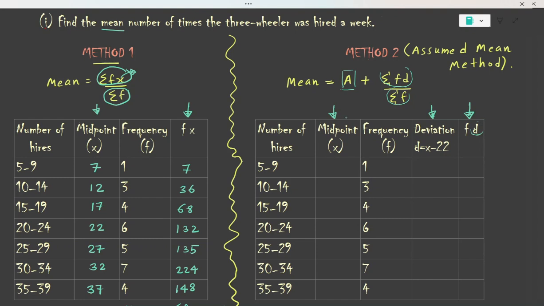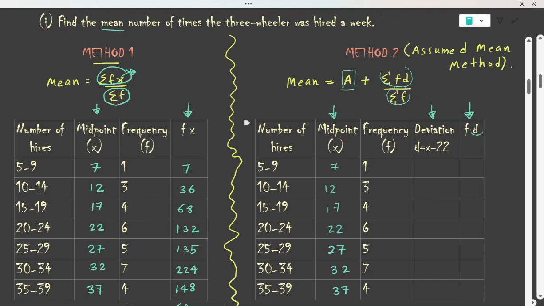Okay, let's complete the table. In this method, we have to choose an assumed mean out of the midpoints. So here we have 7, 12, 17 and up to 37. I would choose 22 as the assumed mean.